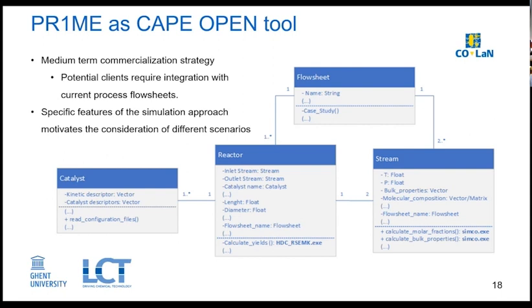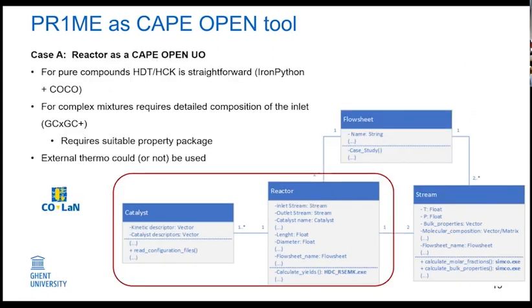I think this is a typical case. However, specific features of the simulation approach that we make may motivate the consideration of different scenarios, especially the molecular reconstruction case. It's a scenario that needs to be thought carefully.